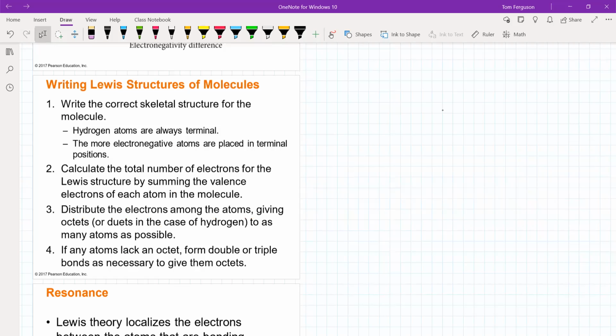Okay, so writing Lewis structures. There are two ways to do these. And one of the things that I mentioned yesterday, if we're looking at period 2 molecules, starting at lithium.